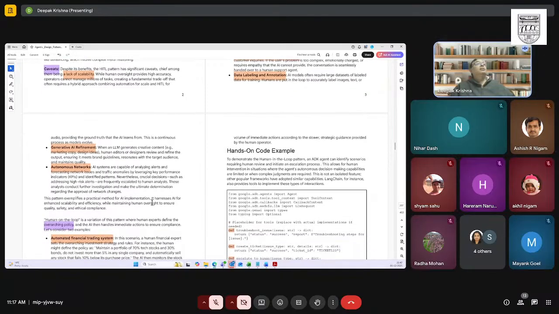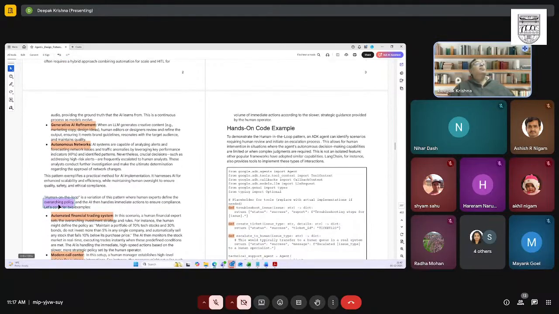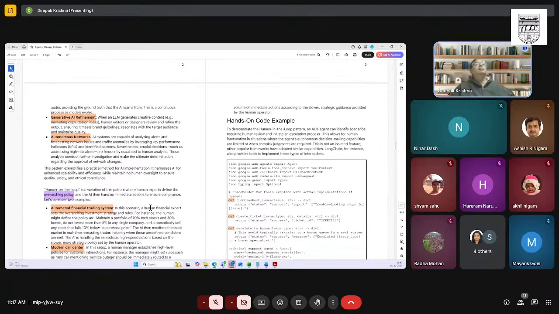So what is the other way in which we can apply human in the loop, which is the overarching policy, where we provide some sort of guidelines, right? For example, for an automated financial trading system, I can provide a guideline: maintain my portfolio of 70% tech stocks, 30% bonds, do not invest more than 5% in a single company, and automatically sell any stock that falls 10% below its purchase price, right?